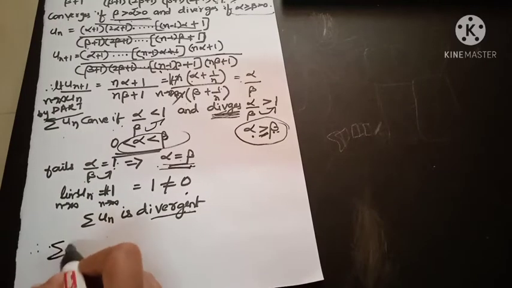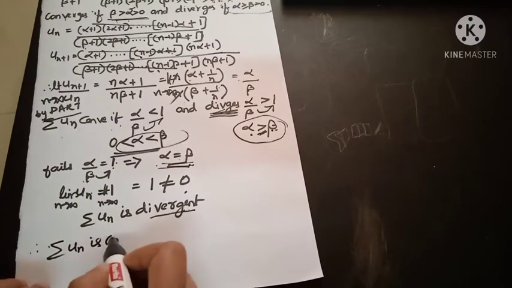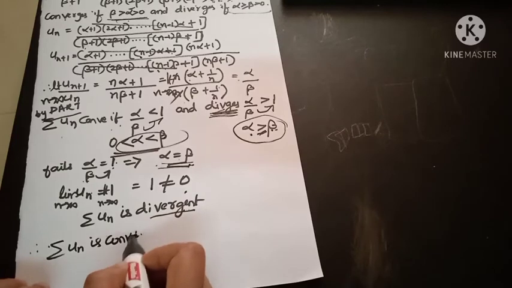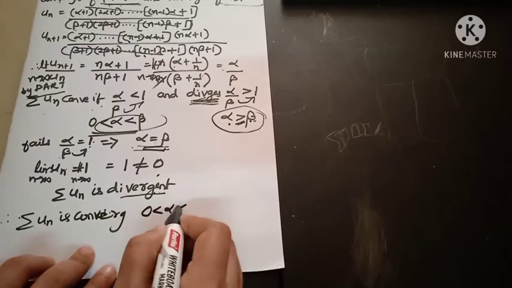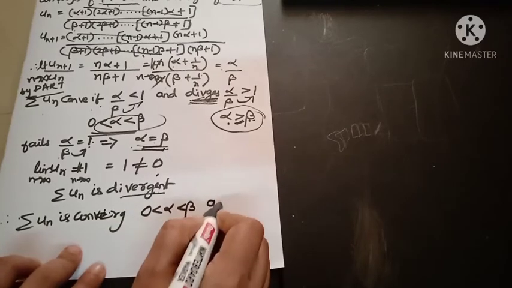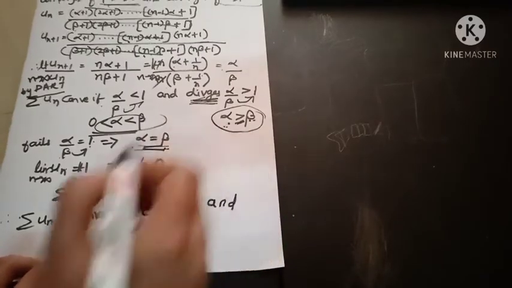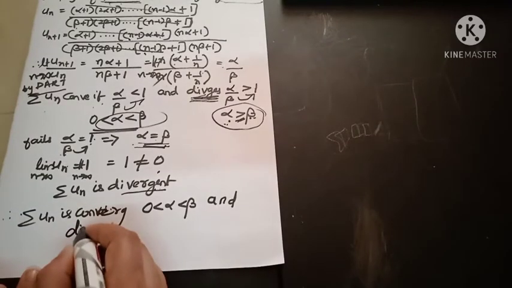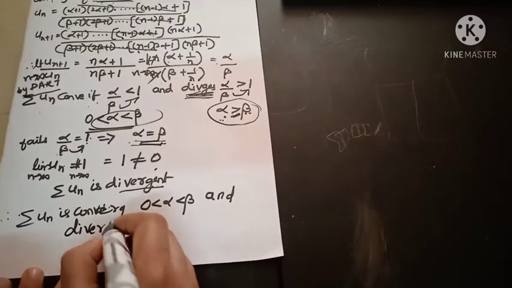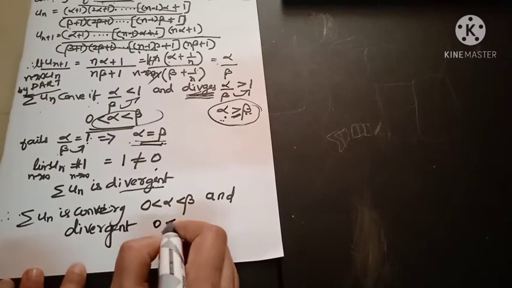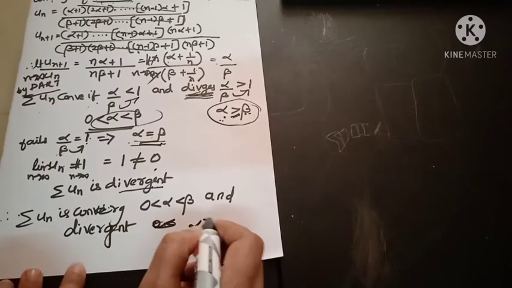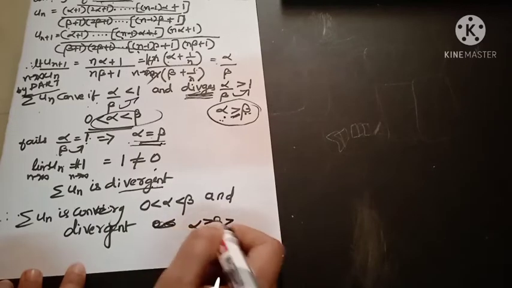Therefore, series un is convergent if 0 less than alpha less than beta, and divergent when alpha is greater than or equal to beta.